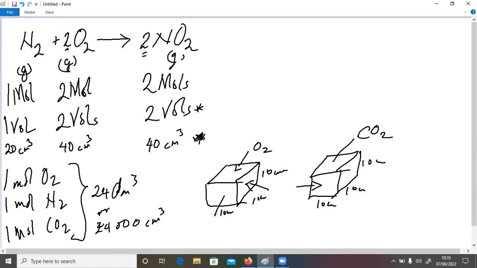And we know that at room temperature and pressure, equal volumes of gases contain the same number of moles of that particular gas we are talking about, right?